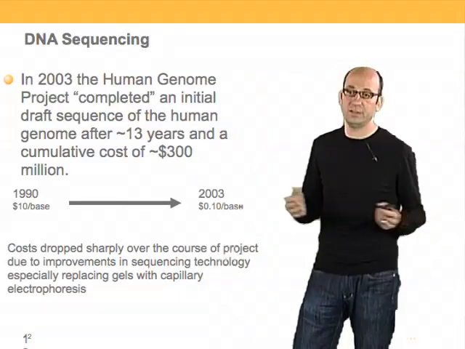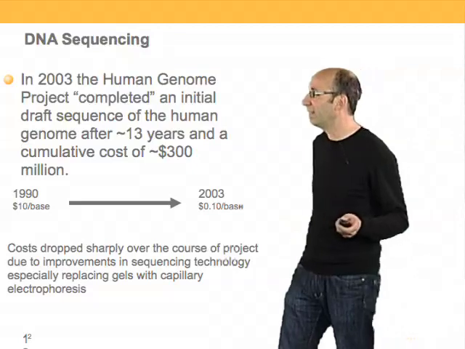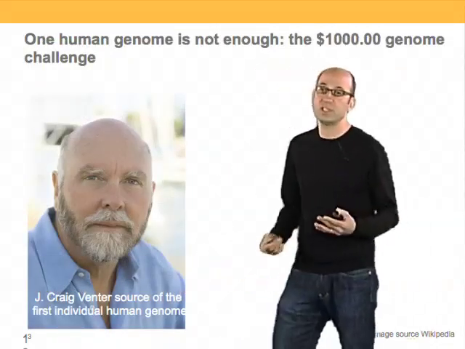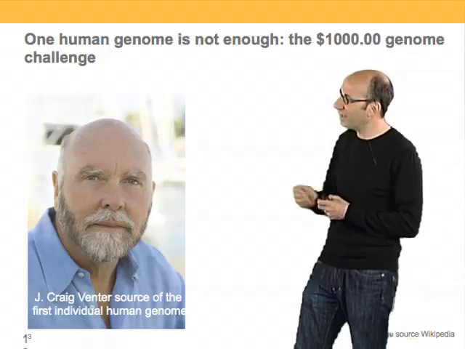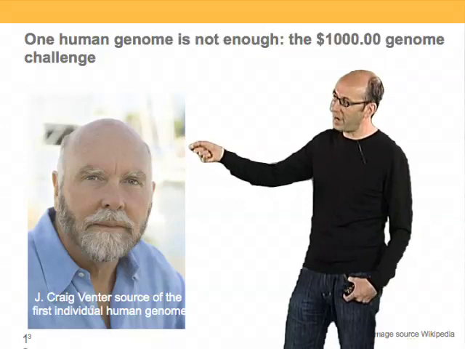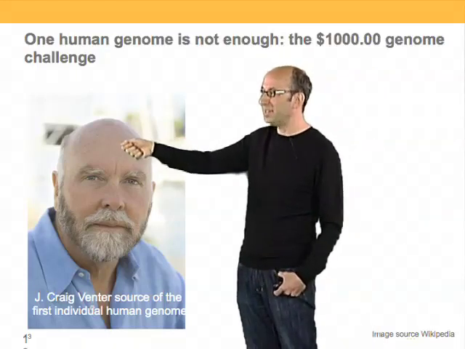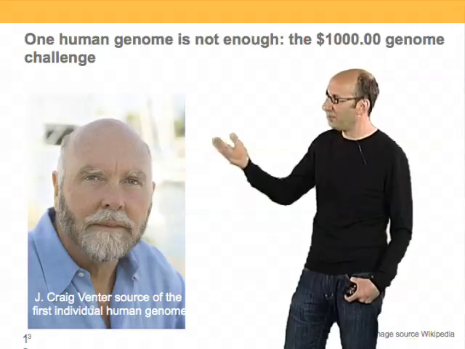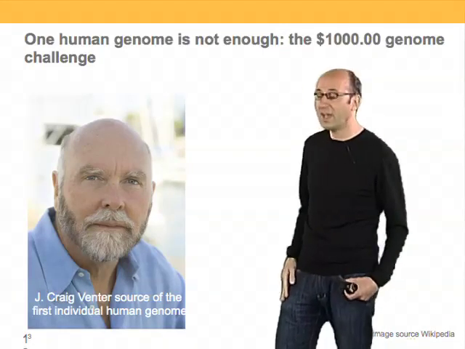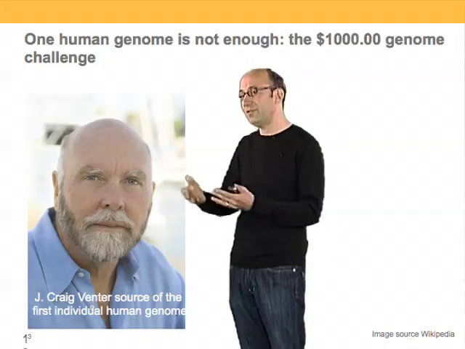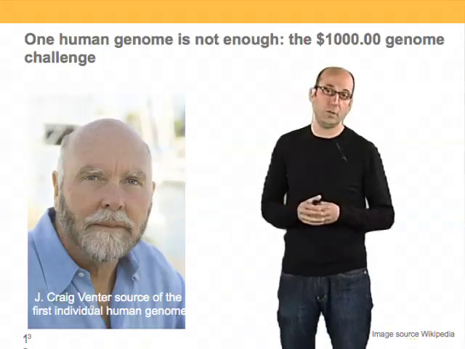Now this really stands as a monument to human achievement, the first human sequence. But of course, not all humans are alike. So there were actually 2 human sequences that came out, one led by a private effort and led by J. Craig Venter, and perhaps not surprisingly, the genome that we got out was Venter's genome. And if you wanted to distinguish, say, a human from a chimpanzee, from an E. coli, one human genome was fine.